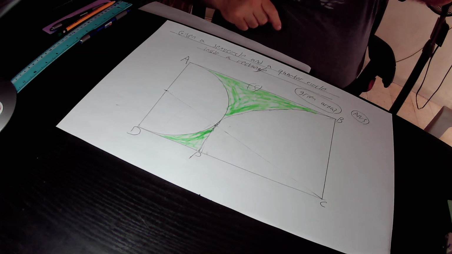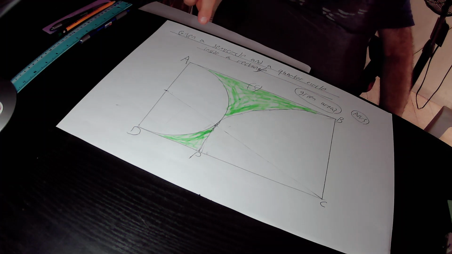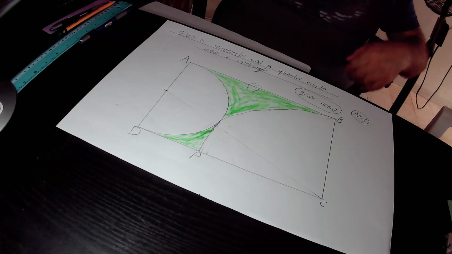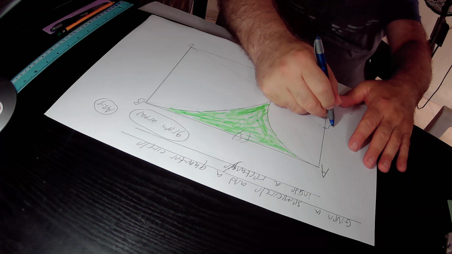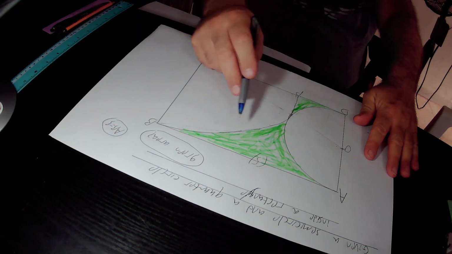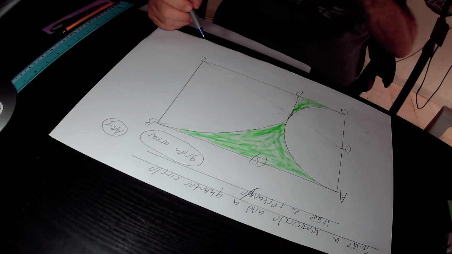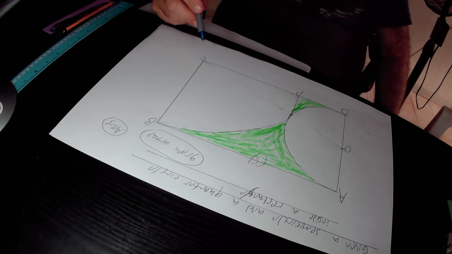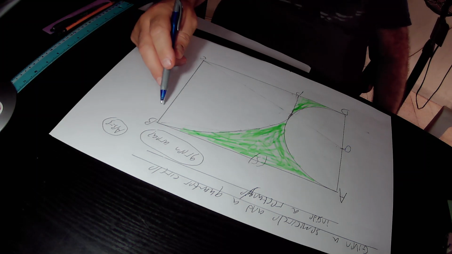So first of all, we will define the center of this semicircle. This point is point O. The center of the quarter circle is here at point C. And the radius of the quarter circle is equal to BC.